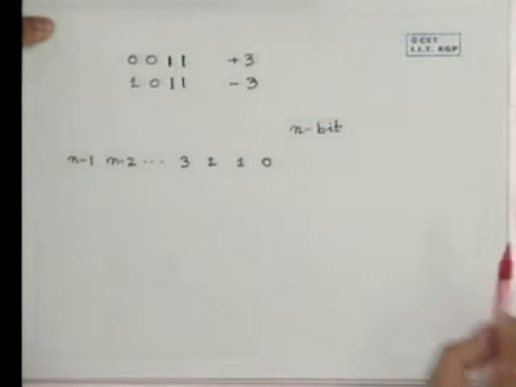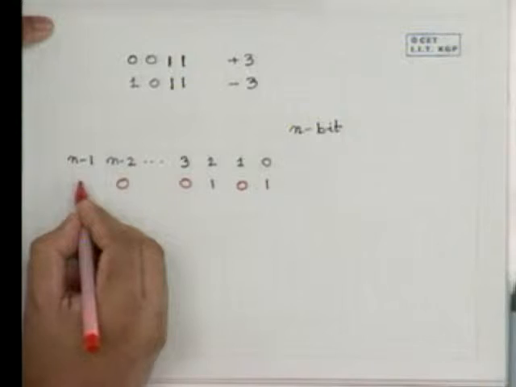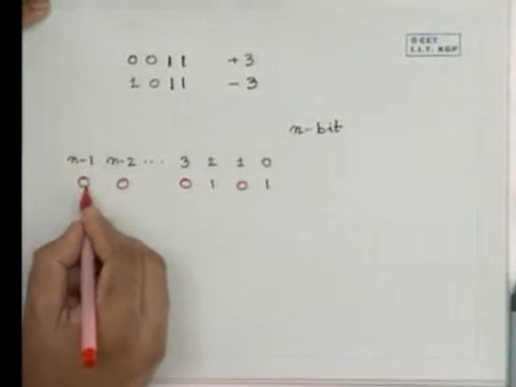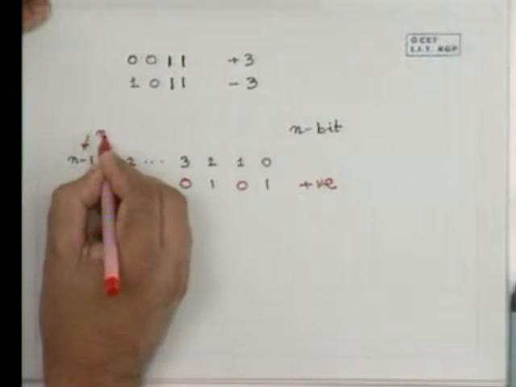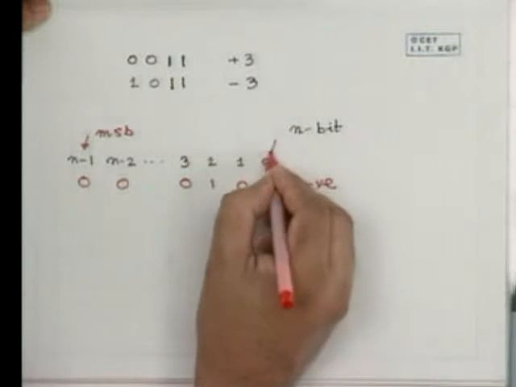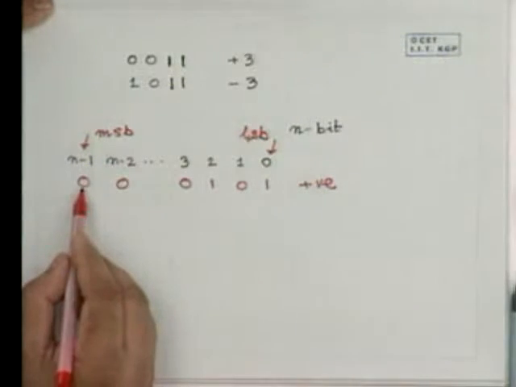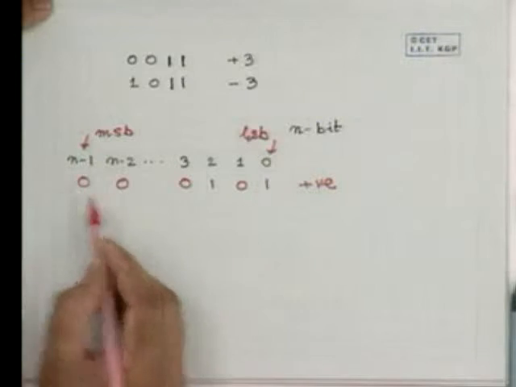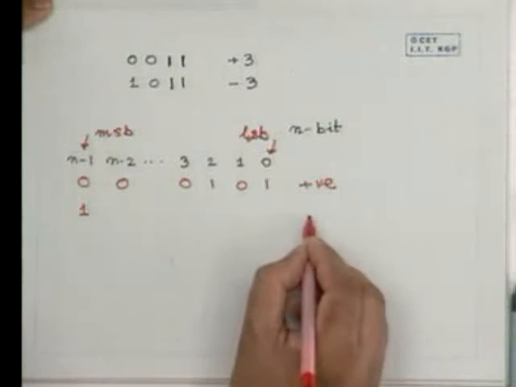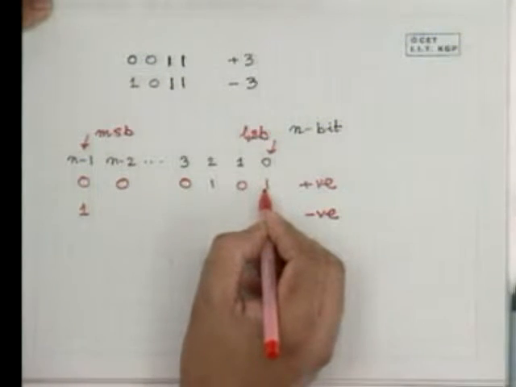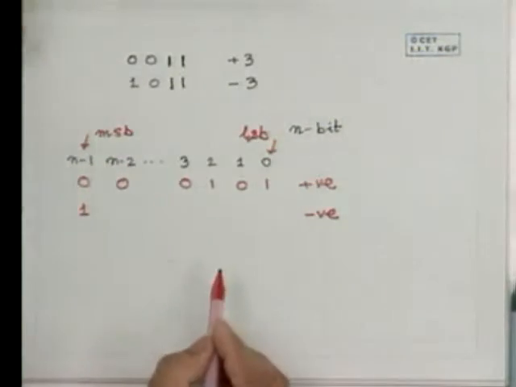For example, if we have a number, say 1, 0, 1, 0, and so on, and if the n minus 1th bit is 0, then this is a positive number. We call this the most significant bit. This we call the least significant bit. Our convention is that if the most significant bit, or n minus 1th bit, is 0, then it is positive. If the n minus 1th bit is 1, then this is a negative number. This is our 0th bit. Let me repeat: this is our n minus 1th bit in our n-bit representation.